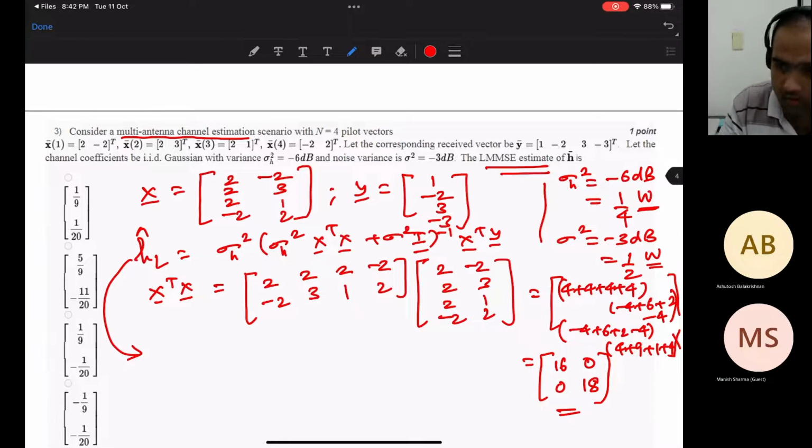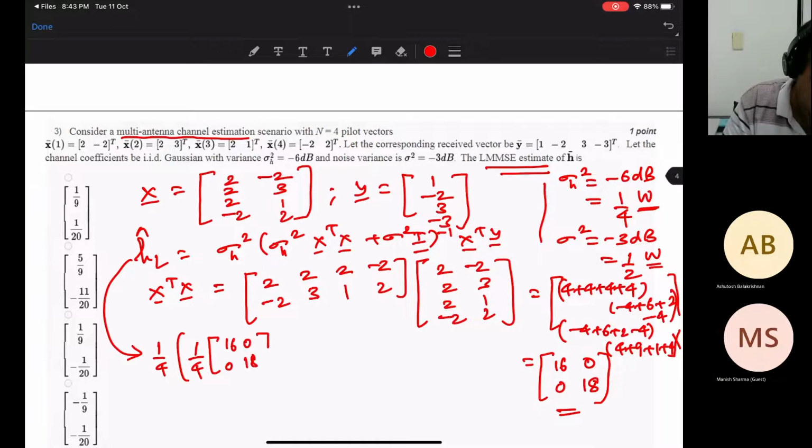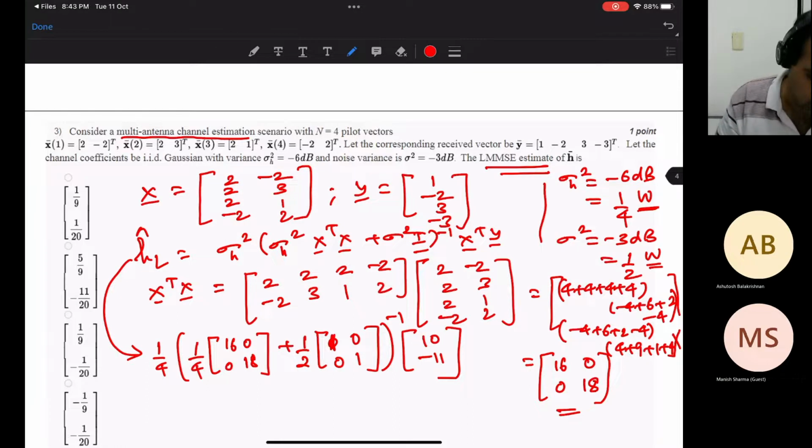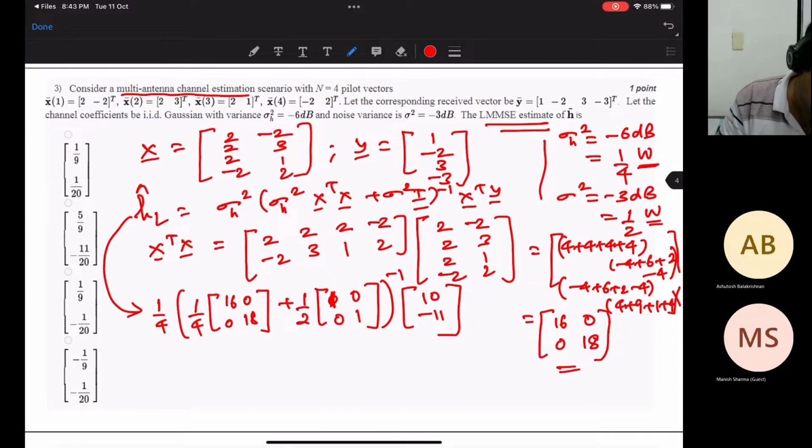If I plug in all the values for the LMMSE estimate of H hat, we will get 1 by 4, 16, 0, 0, 18 plus half times 1, 0, 0, 1, inverse, and this is 10 minus 11. Due to lack of space, I've just written it this way.